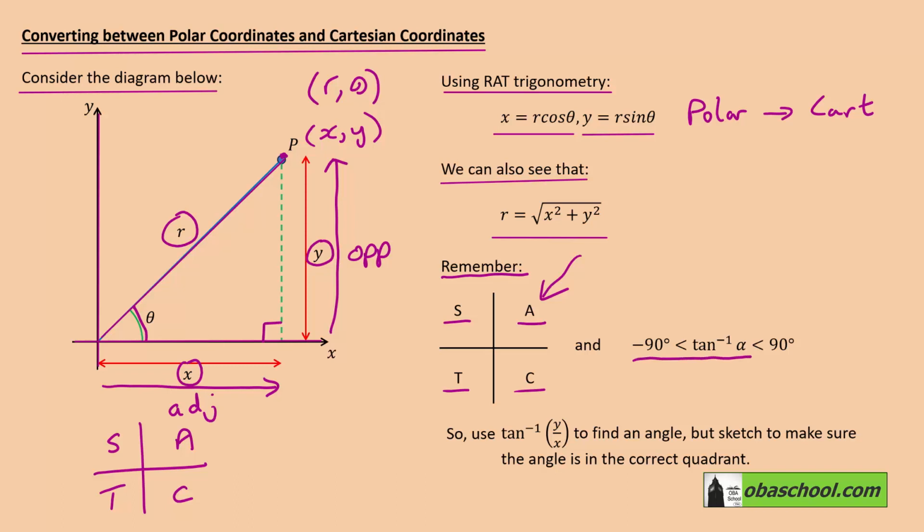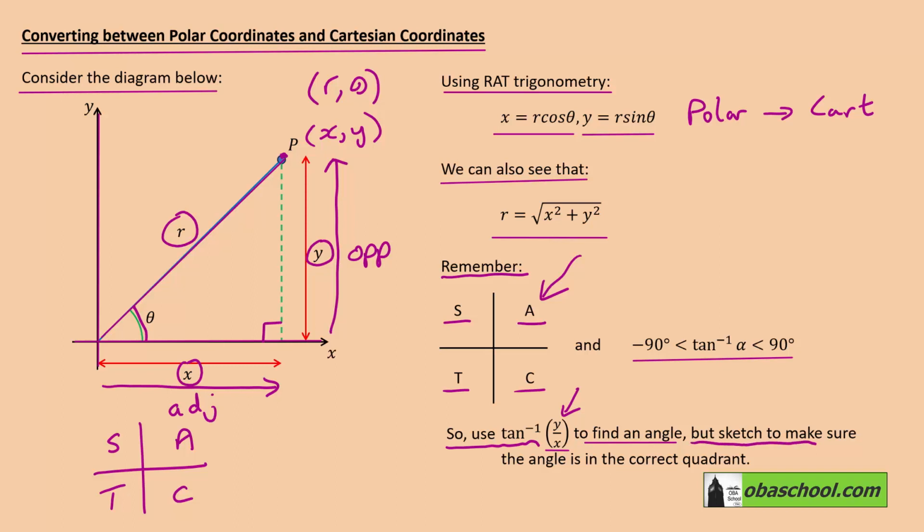Remember that the inverse tan only returns answers between -90 and 90. So we can use the inverse tan of y over x to find an angle. Very often we just use the positive values because we're only interested in an acute angle.